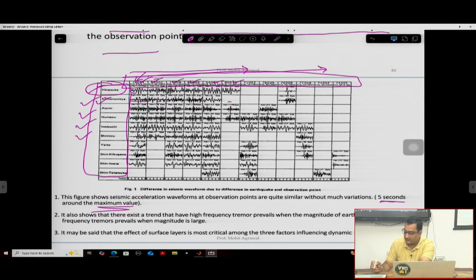So now this is what they have concluded, that it may be said that the effect of the surface layers is most critical among the 3 factors in influencing the dynamic characteristics. That means you are having the effect of the superficial layers the most.